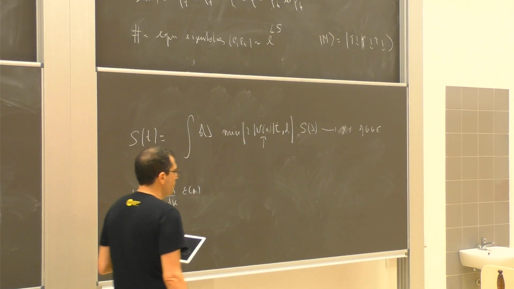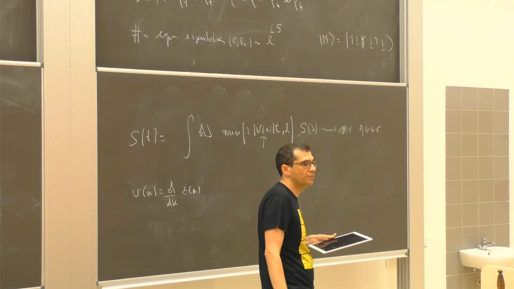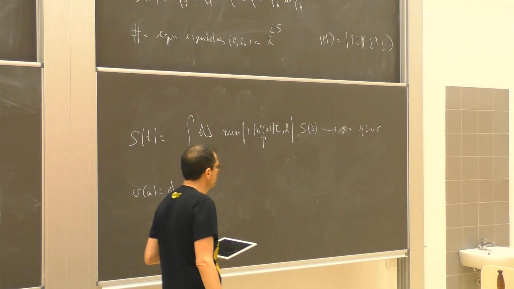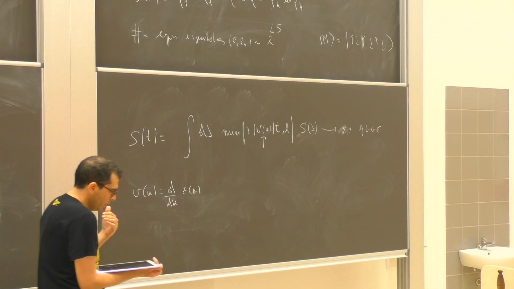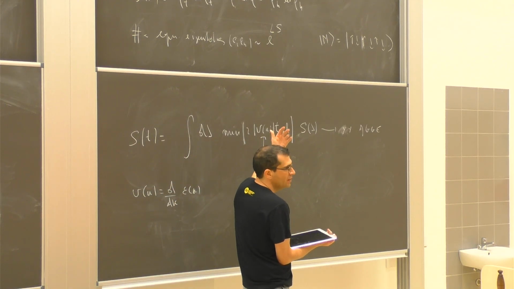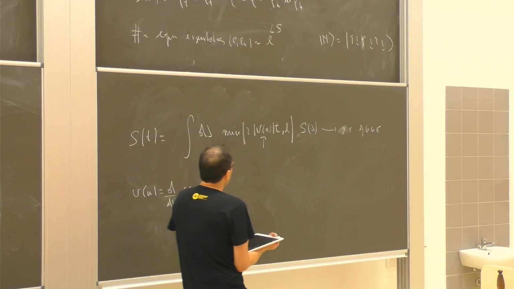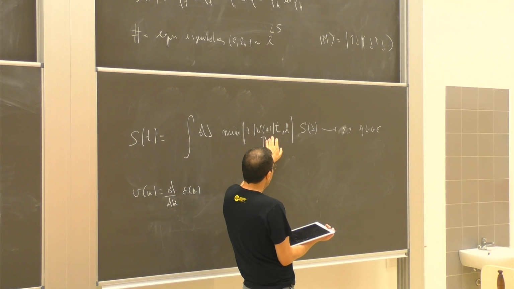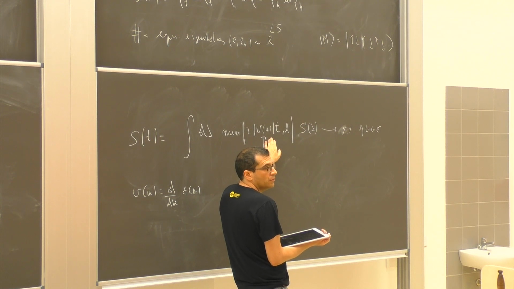It's a property of the model itself. It doesn't depend on the state from which you start the dynamics. So a beautiful thing. In going to interacting integrable systems, there is something new, some new physics that emerges. Here in interacting integrable systems, this v of k depends on the state from which you start.